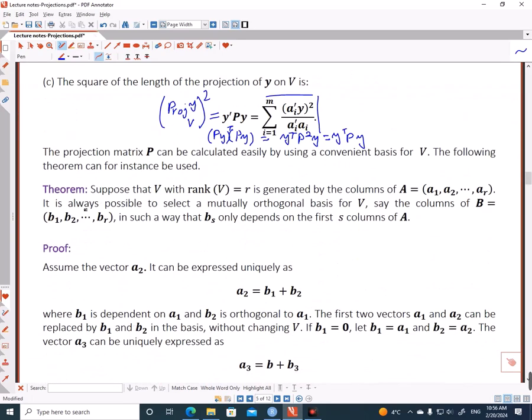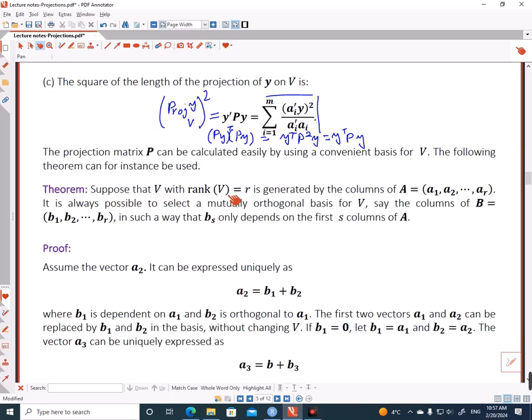Here in this theorem we discuss this. The projection matrix P can be calculated easily by using a convenient basis for V. What I mean by convenient here is a space that is constructed on vectors of a matrix whose vectors are orthogonal to each other. We will then have an easy calculation for that.